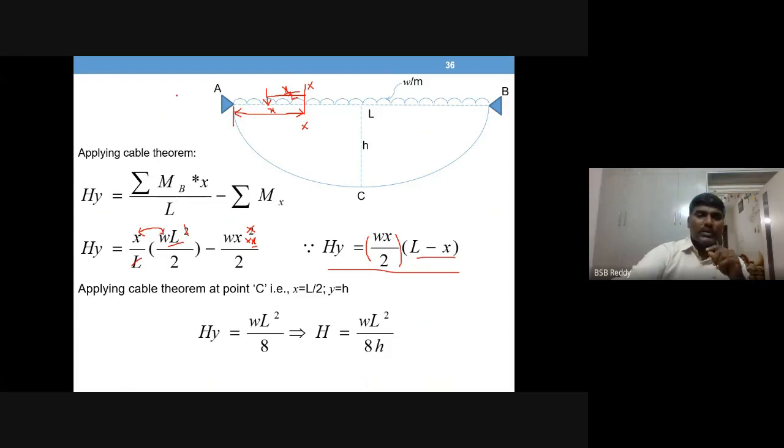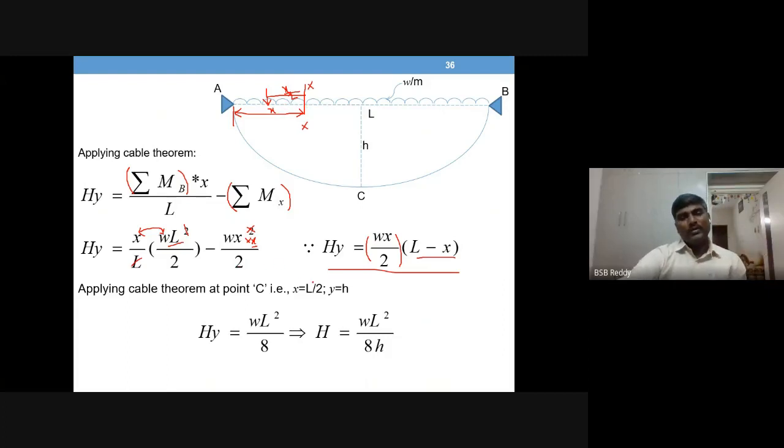Remember once again, sigma Mb means sum of moments about B only due to applied loads. Similarly, sigma Mx means sum of all moments about section x only from applied loads.